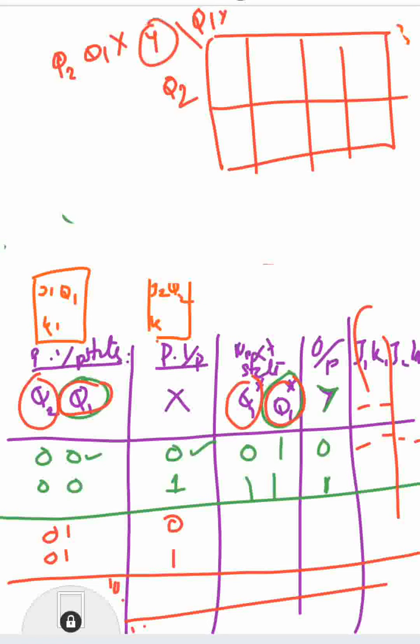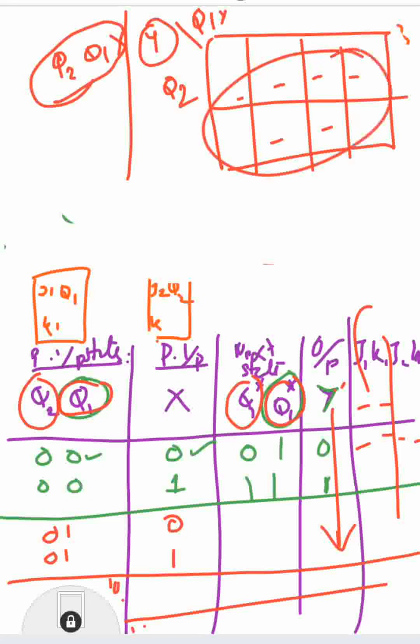These are the input variables. Based on the column of Y here, you fill the values, simplify using K-map and obtain the value for Y. Similarly, you find out J1, K1, J2, K2, etc. Once you get the values for all these, implement the circuit. So this is the state table and state chart of a Moore model.